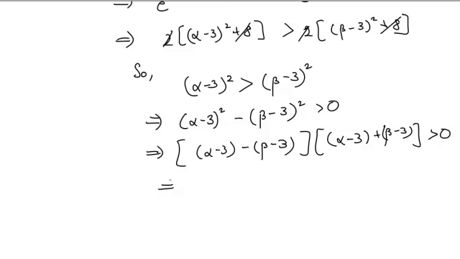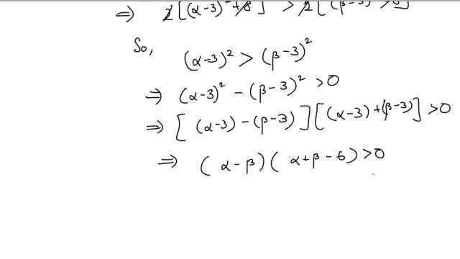And then we now have alpha minus beta times alpha plus beta minus 6 has to be more than 0. Take note that so far we have only made use of the given information that GF alpha is more than GF beta. Chances are we need to make use of the other information that we have been given, which is alpha less than beta less than or equals to 3.